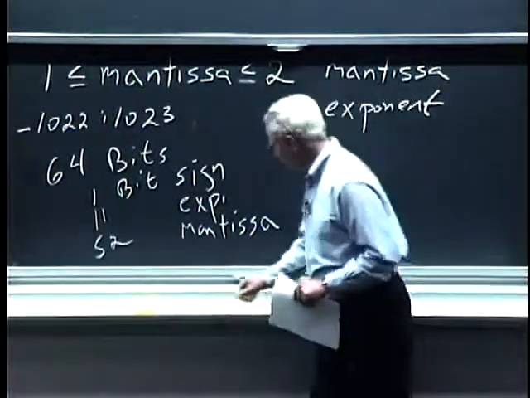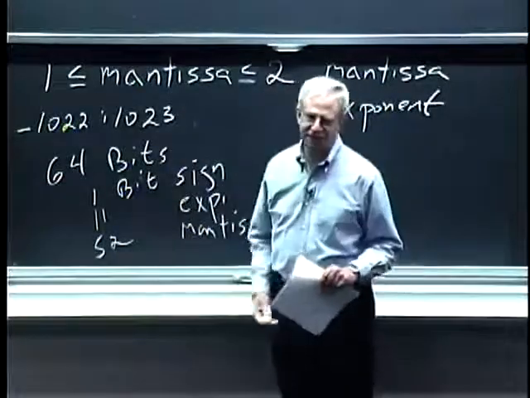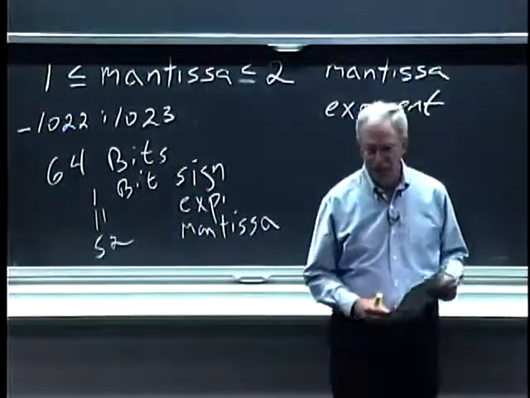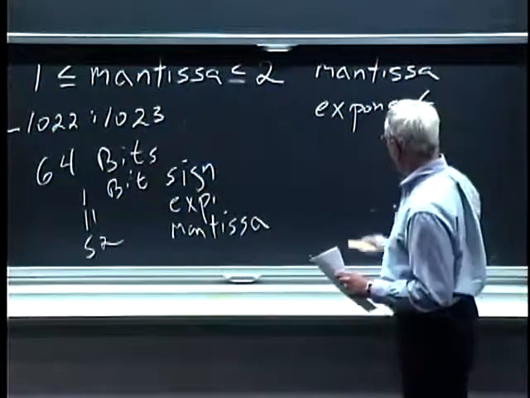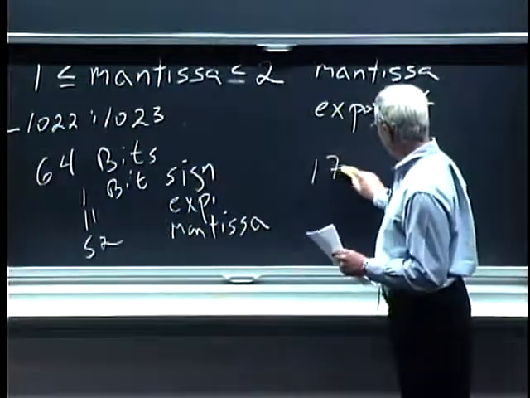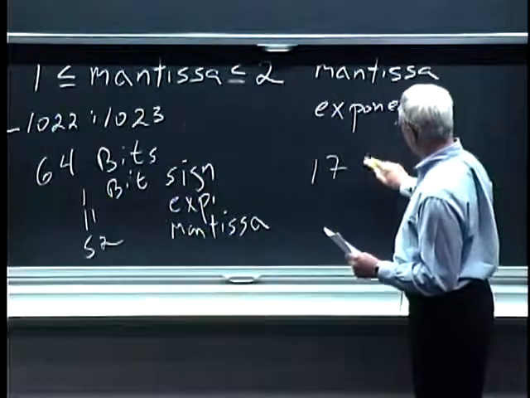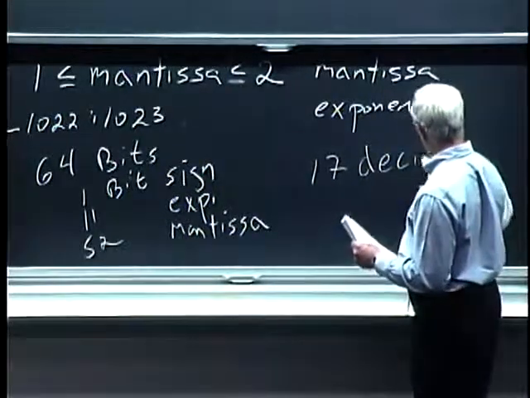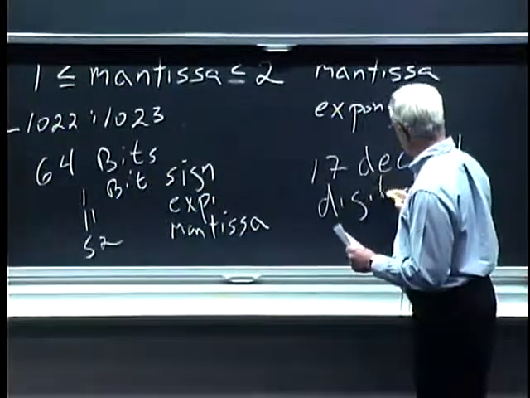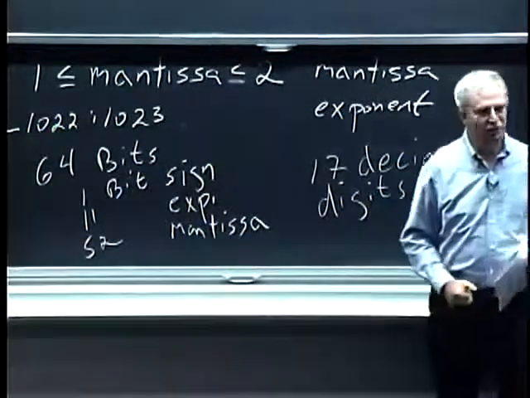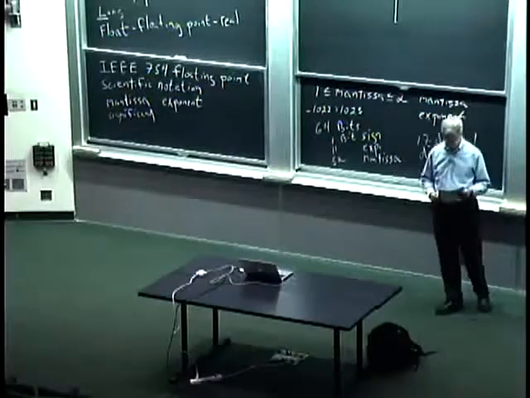Okay. You may never need to know these constants again, but it's worth knowing that they exist, and that basically this gives us about the equivalent of 17 decimal digits of precision. So we can represent numbers up to 17 decimal digits long.